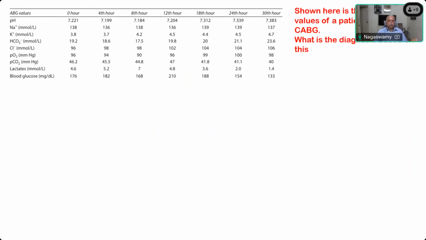Now shown here is the serial ABG values of a patient in ICU after CABG. What is the diagnosis? I think from 0 hours, every 4th hourly is being measured with pH, sodium, potassium, bicarbonate, chloride, blood glucose, lactate, all these things are there.